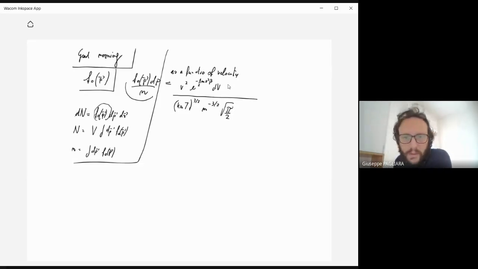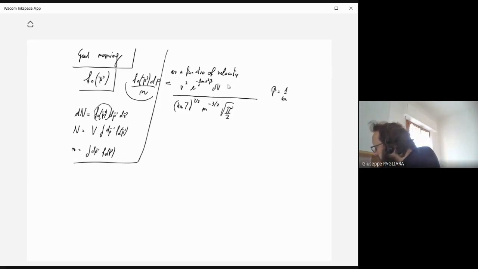This was the quantity that we derived last time, which describes the distribution of velocities of particles, where beta is 1 over k_B T.